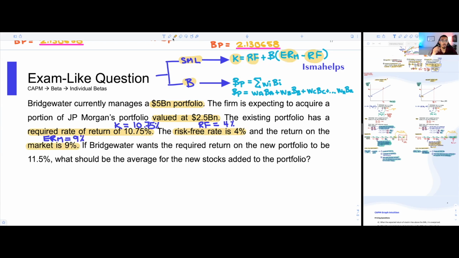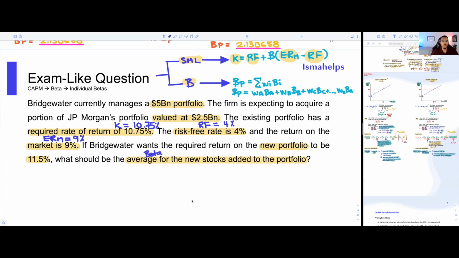Then they're telling you that if Bridgewater wants the required rate of return of their new portfolio to be 11.5%, what should be the average beta for the new stocks added to the portfolio? Unfortunately, that's not written, so I'll have to make those adjustments.